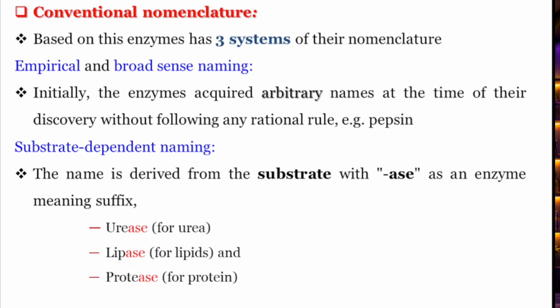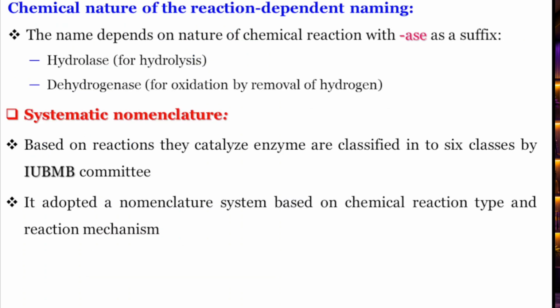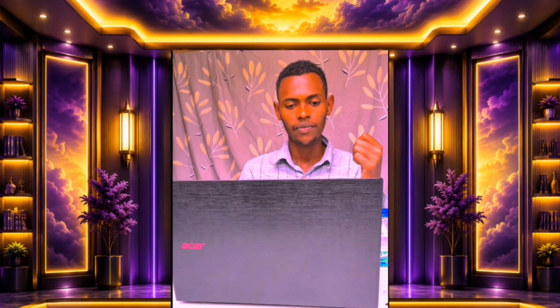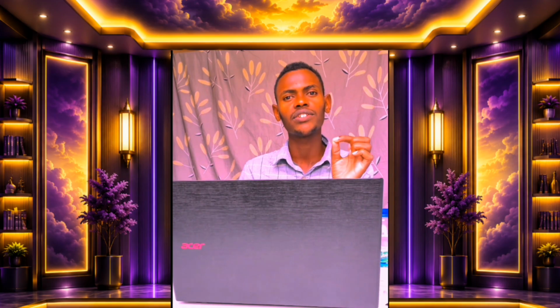For urea, adding ase gives urease. For lipids, adding ase gives lipase. For protein, adding ase gives protease. Systematic nomenclature is based on the reactions they catalyze. Enzymes are classified into 6 classes by the Enzyme Commission, based on the reactions they catalyze.